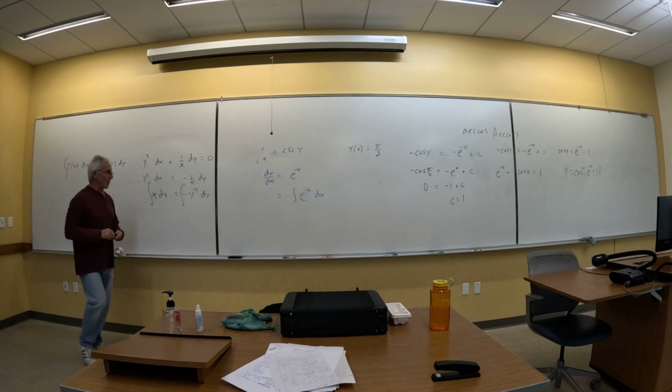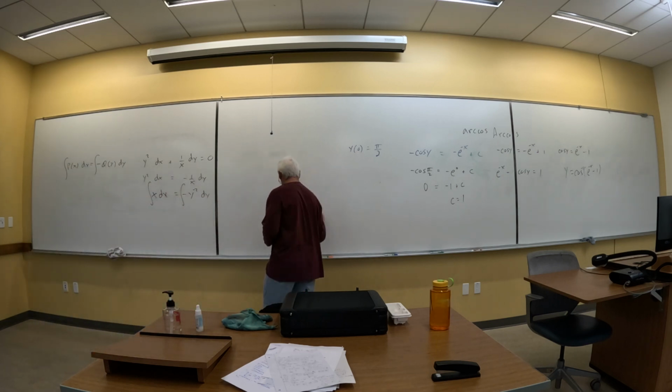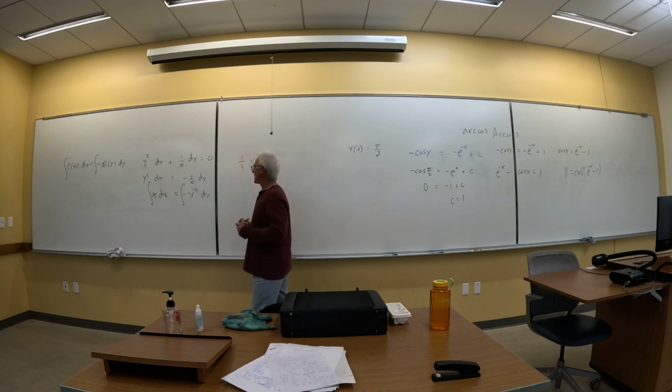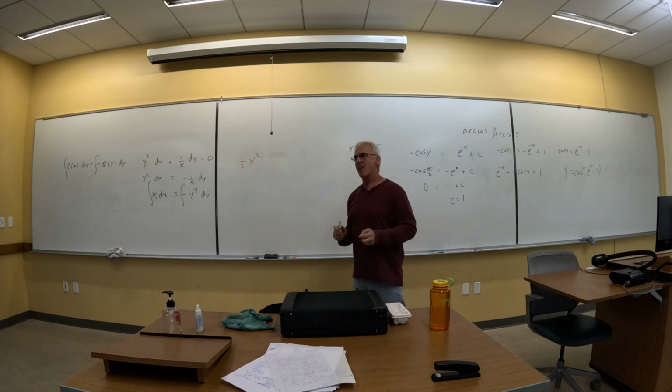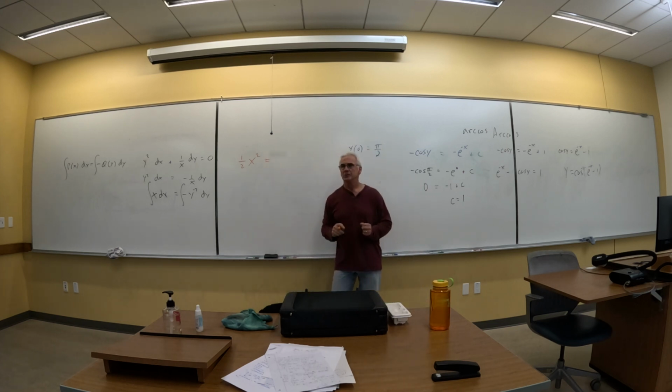Well, let's see. On the left side, I'm integrating x dx. I'm pretty sure I can handle that one. What's that going to be? 1/2 x squared. And on the right side, I'm integrating negative y to the negative 2. That's why I left the negative on the right.